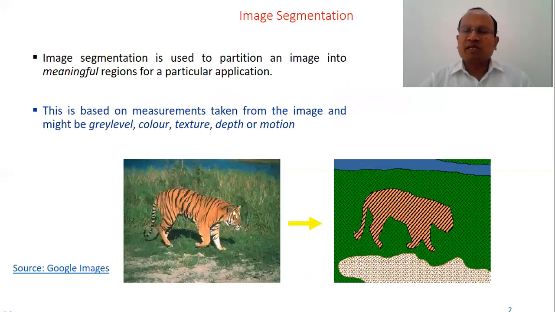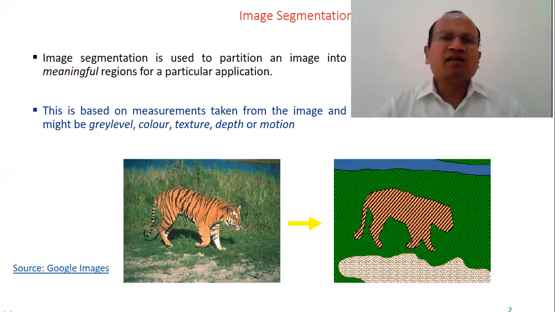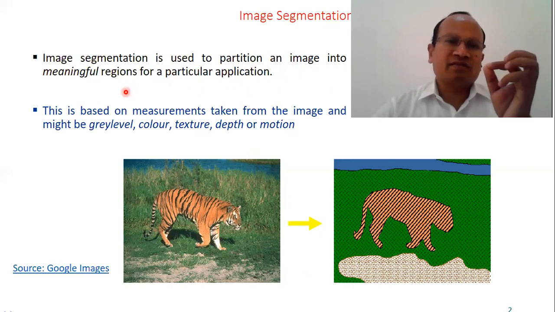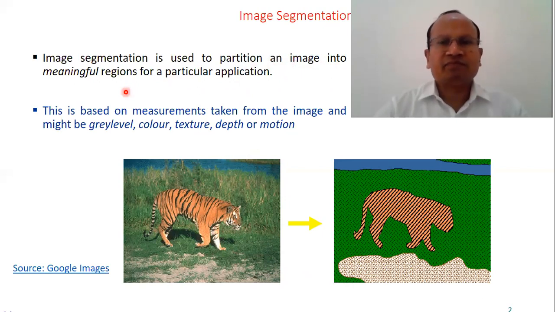So, what is image segmentation? It is used to partition, as we can see in the definition, an image into meaningful regions for a particular application. Why do we segment? As I was talking about the example of image segmentation in medical imaging.